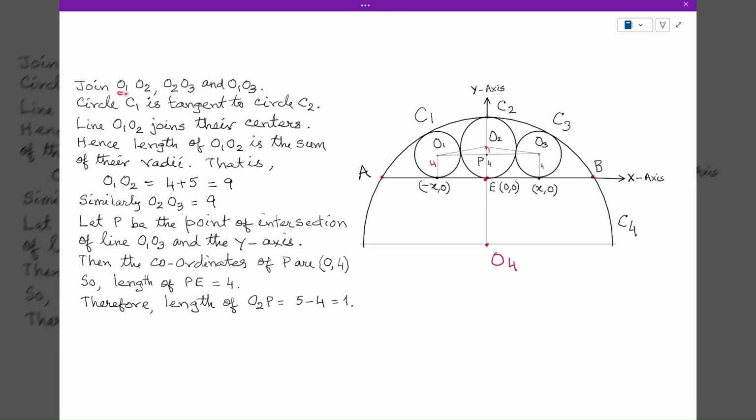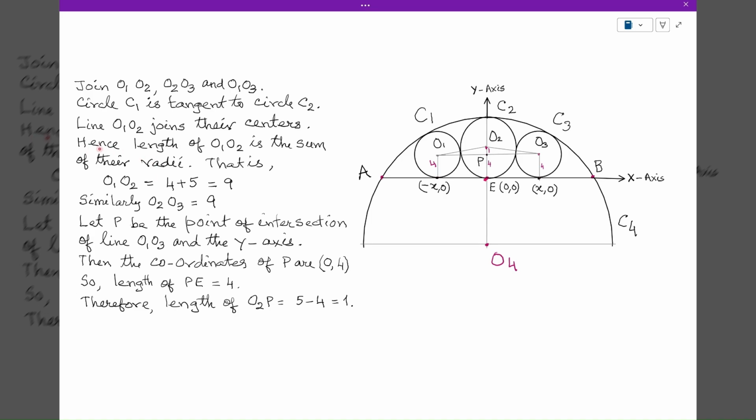Join O1, O2, O2, O3 and O1, O3. That is, we are joining this line, this and this. Line O1, O2 joins the centers of circles C1 and C2, and both these circles are tangent to each other.